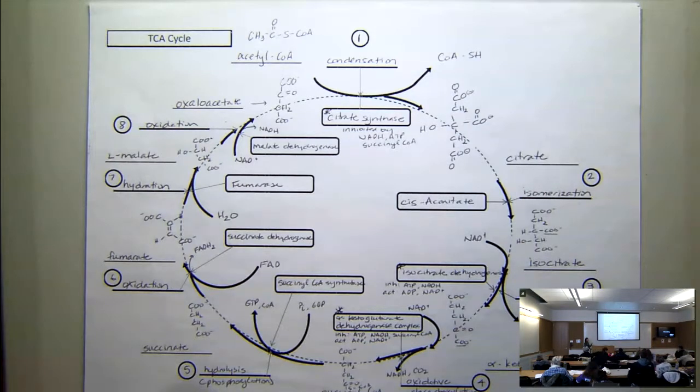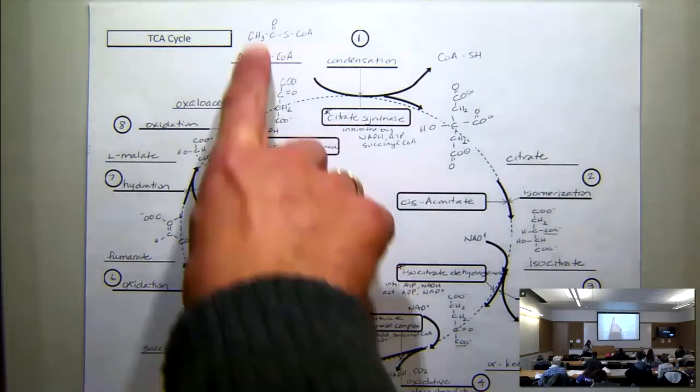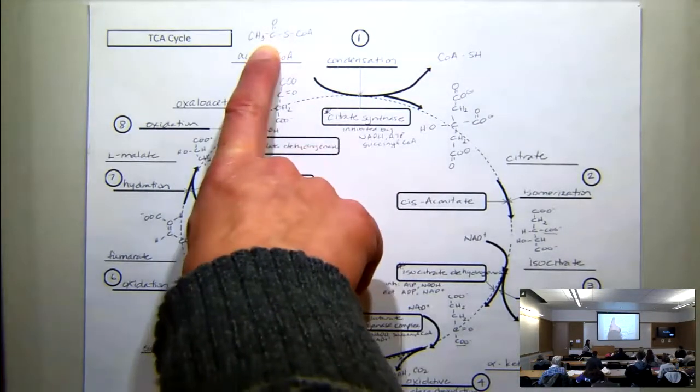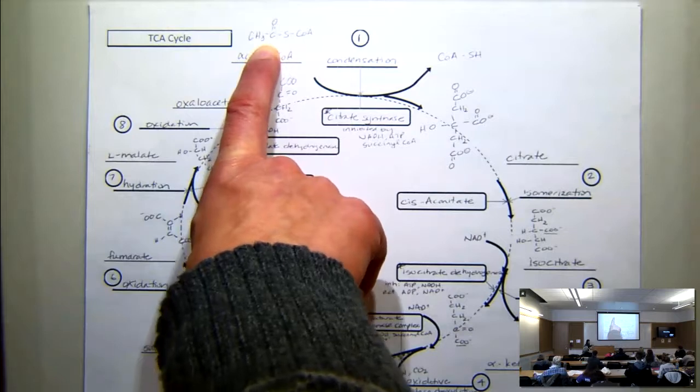Now remember, that was for every molecule of glucose, accounting for glycolysis, right? So if we want to say for every molecule of glucose, we'd have to double it, right? So to be fair with that comparison to glycolysis, we'd have to double what we get here. Because remember, how many pyruvates do we get from every molecule of glucose?